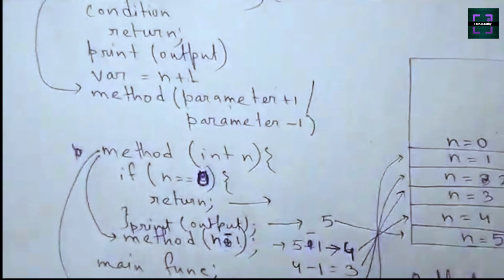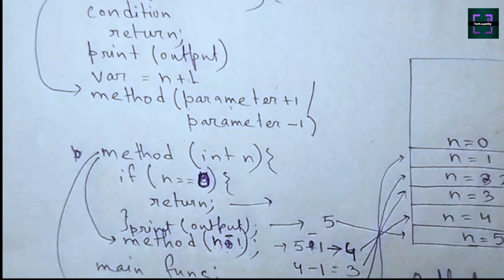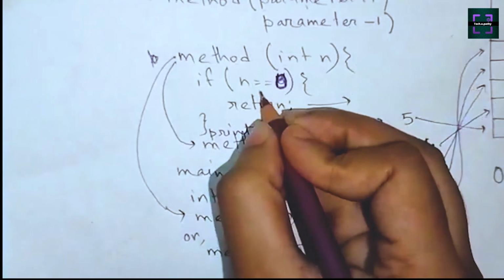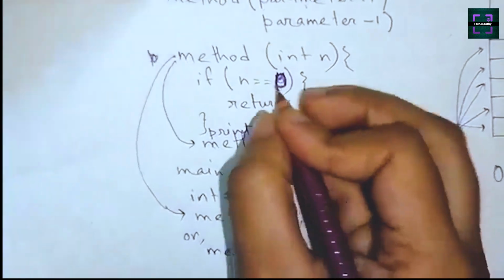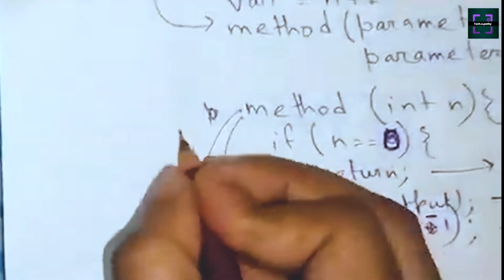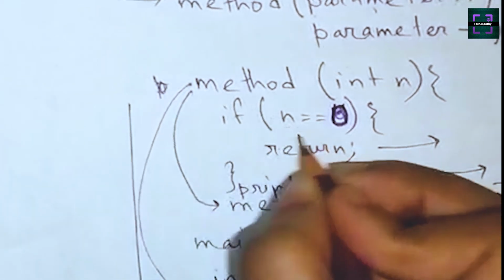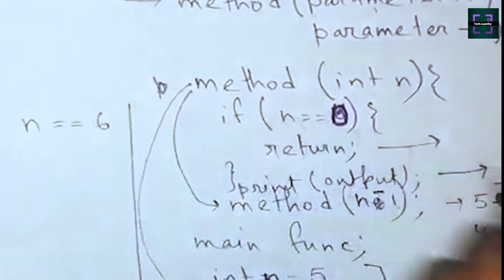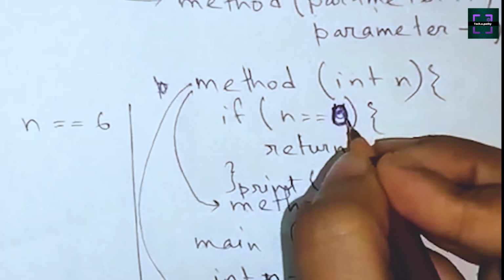This is reducing the value, and if we want to increase the value, the same logic will be used, and here it will be the maximum number that we want to print. So it will be n equals 6. I want to print 1 to 5, so it will be 6.